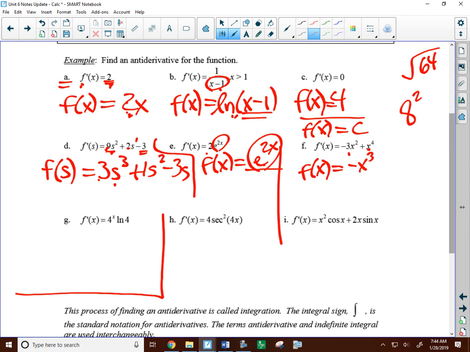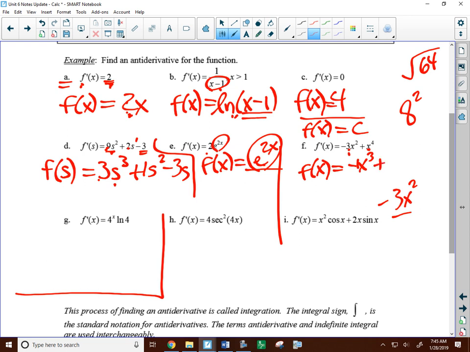So the degree has to go up 1 to 3, and then you're thinking 3 times what number would be negative 3? It's negative 1, so no other coefficient needed. Again, check all of these: the derivative of this is negative 3x squared. That might be what you're thinking as well: what function could I write down so the derivative is negative 3x squared?